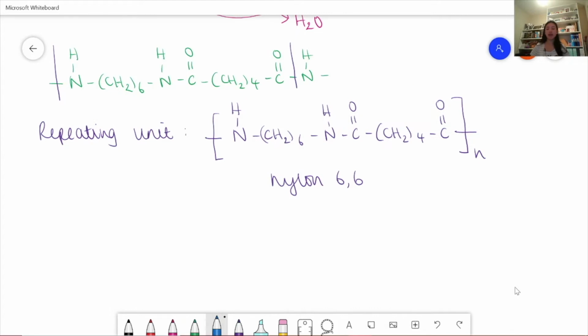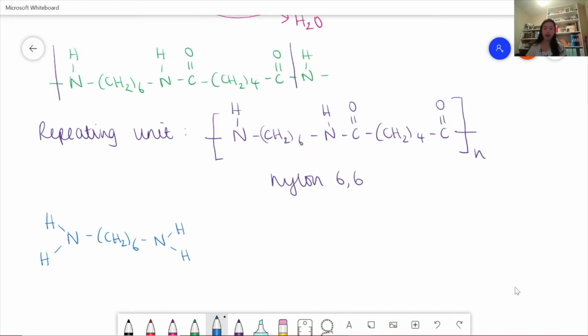So one thing to note about nylon 6,6 is that in the lab, the reaction goes much faster if we use a diacid chloride or a diacyl chloride instead. However, HCl is the small molecule which is liberated. So we get NH2 and then CH2 6 and then NH2 again.